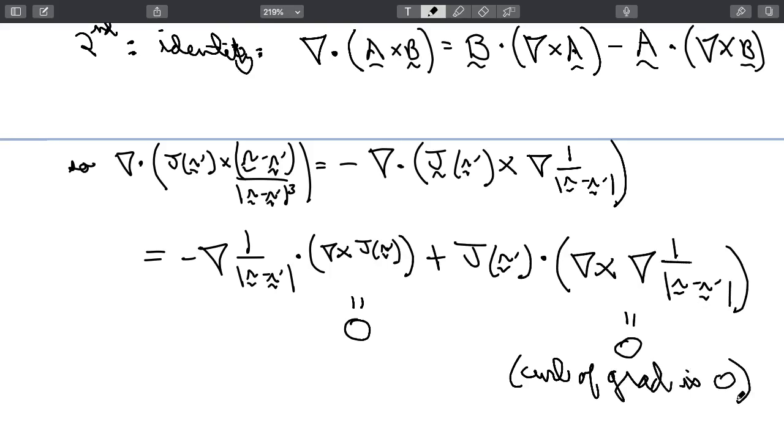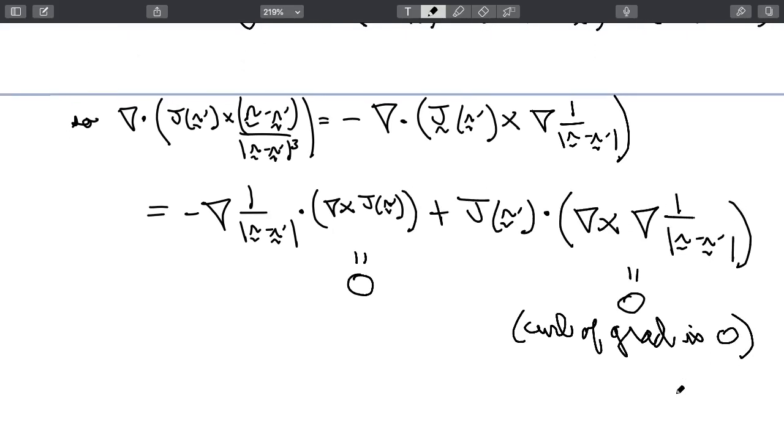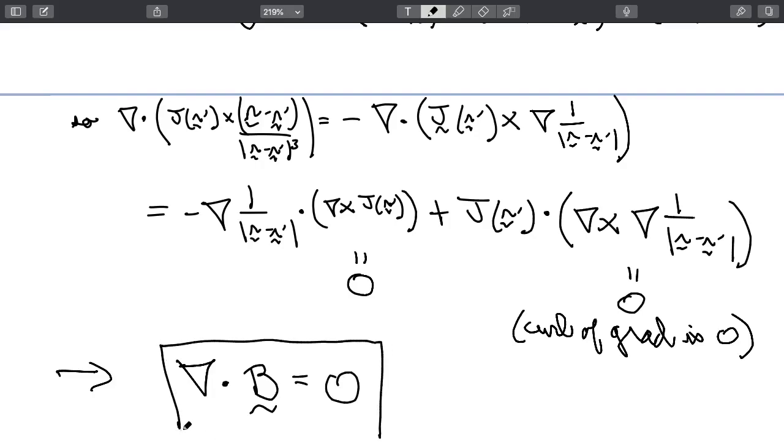It's just an identity. A gradient has no curl. So this whole thing is equal to 0, and what we get is that the divergence of B is equal to 0. You see it was much less painful than you thought, at least at the end.